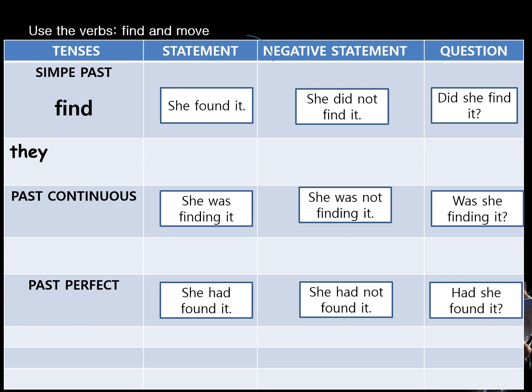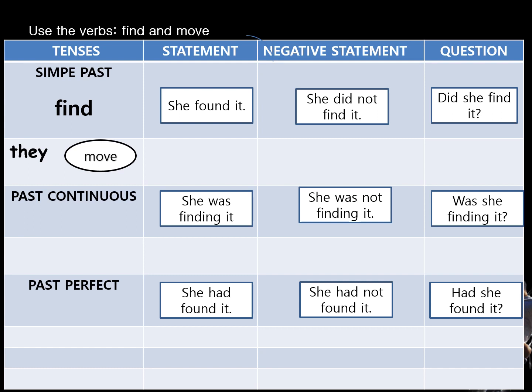All right, students, I think you are now ready for the activities answers. So let us continue. Remember that we have the verb move here, which we are going to use for the statement, negative statement, and question under the simple past, past continuous, and the past perfect tense of the verb.